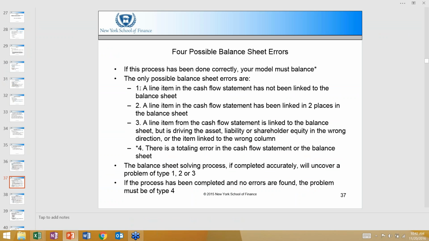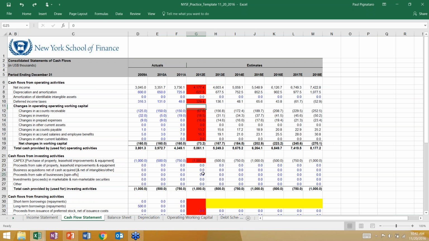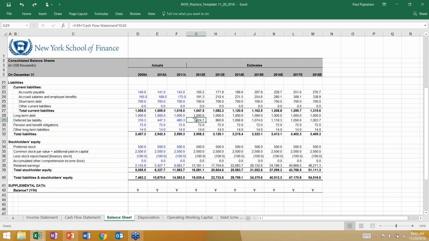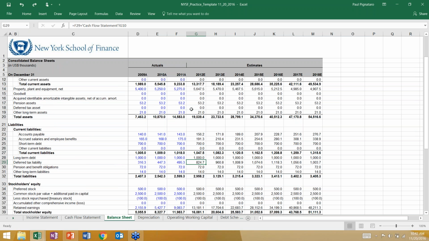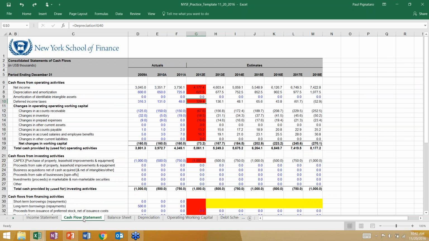Number 2, there's an item in the cash flow statement that's been linked in 2 separate places in the balance sheet. Very common error. In other words, I went down to deferred income taxes and I linked it up into the deferred tax liabilities appropriately. But maybe for whatever reason, I had also linked it up into deferred tax assets. So the same cash flow statement line item I used twice in the balance sheet. Can't do it.